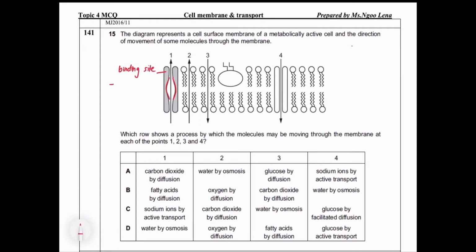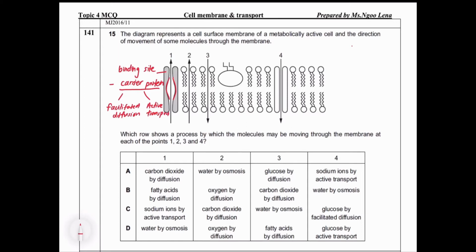So this is definitely a carrier protein. And as you know, carrier protein can be used for facilitated diffusion, or it can be for active transport. So it depends on the gradient.